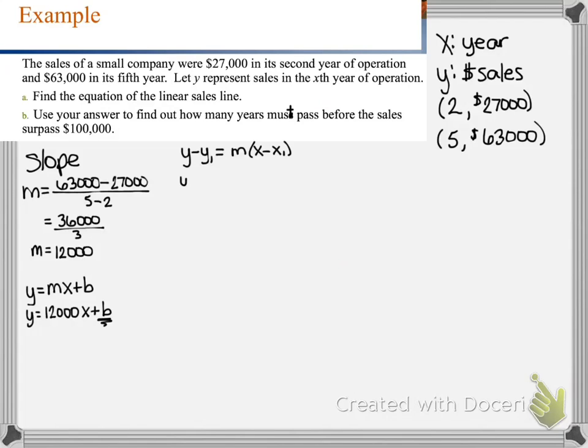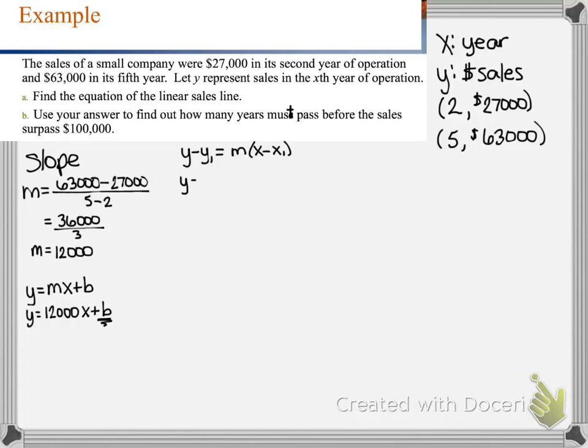So I'm going to leave the y. We have our 2 points. We have the 2 with 27,000 and the 5 with 63,000. You can choose either one of those 2 points. In some cases, one will work out easier than the other, but either one works. I'm going to choose the 2 and the 27,000 just because the numbers are a little smaller. It's the only reason.